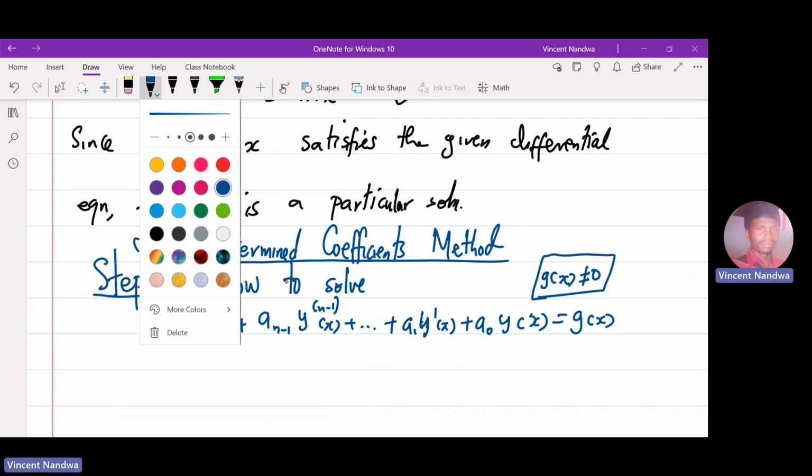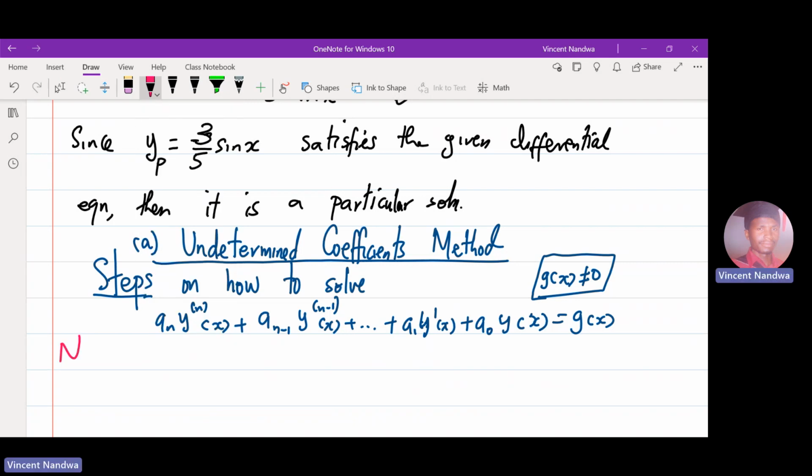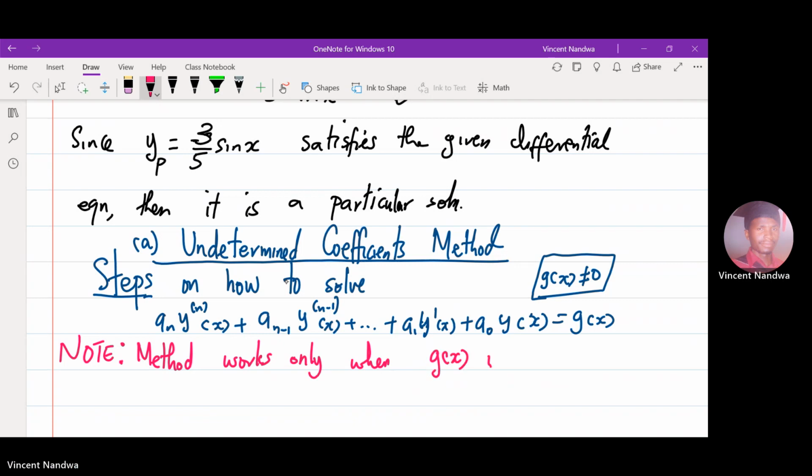Even before we give the steps, it should be very clear from the start that the steps we are going to describe only work when g is a linear combination of these functions. So the method works only when g of x is a linear combination of the functions.